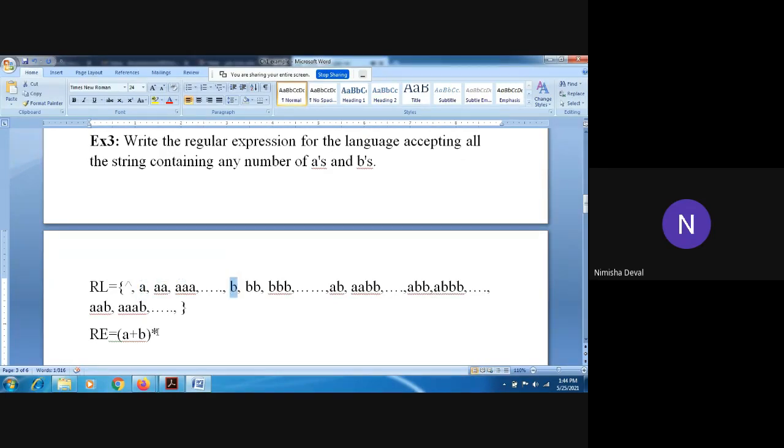Then when you replace star with 2, just see, I am mentioning here. Suppose star is equal to 2. It means that 2 times the same bracket is there.